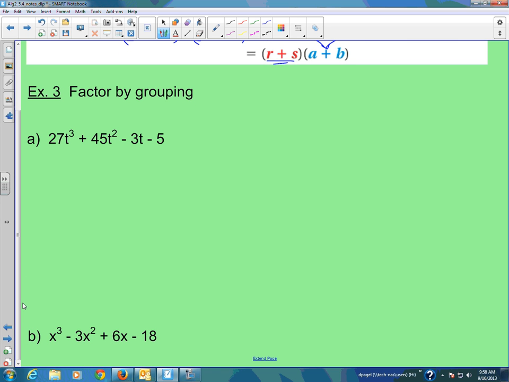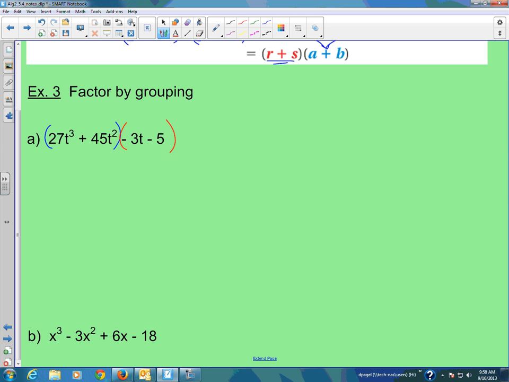Okay, in this example, we're going to take a look at pairing them 1, 2, and 3, 4 for the purpose of looking at what's called an opposite. So I'm going to put parentheses around them just to indicate how I'm pairing them. Don't think I'm saying let's change this to a multiplication problem. I'm going to put parentheses around that group, and then around the negative 3t minus 5 group.